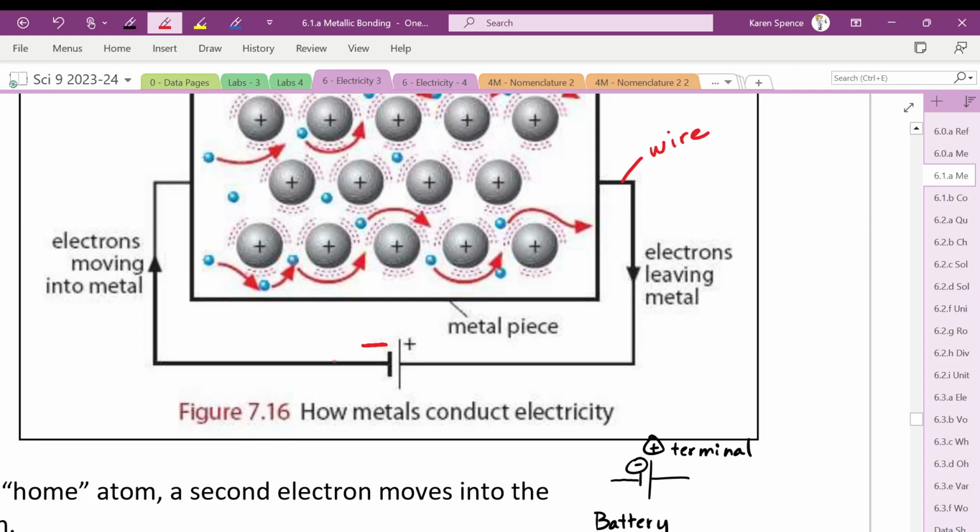Now, if you can imagine, in this wire, we have little negative electrons. What does negative do to negative? They repel. So which way are we forcing the electrons to go? They're moving away from the negative terminal.